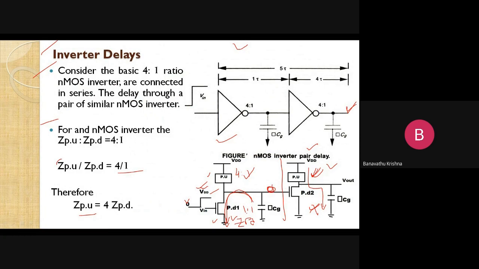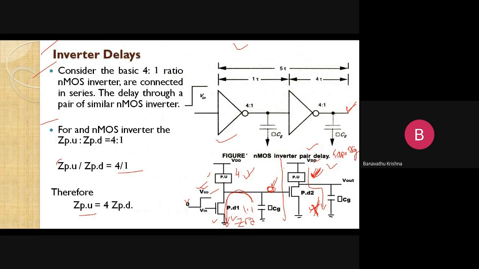Due to this input being 0, the pull down transistor is going to be off, and at the same time the pull up device is on. The capacitor is going to charge towards VDD through this pull up transistor, then tau equal to Z pull up into square CG, right?